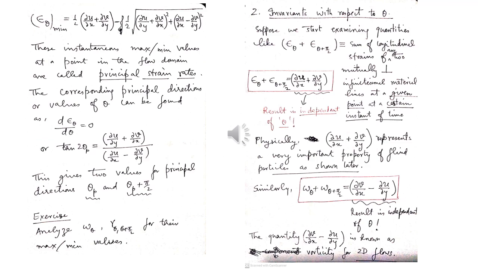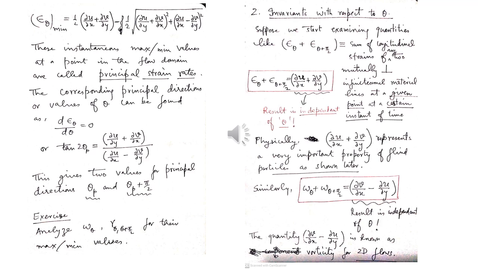Right, the minimum value for the longitudinal strain rate rather, will be then half of del u del x plus del v del y, minus. The sign in between will become minus now for the minimum value, minus half of square root of this term that I have written here.